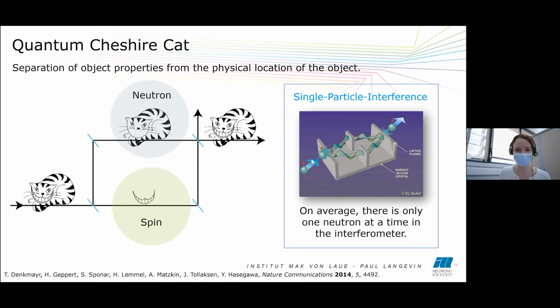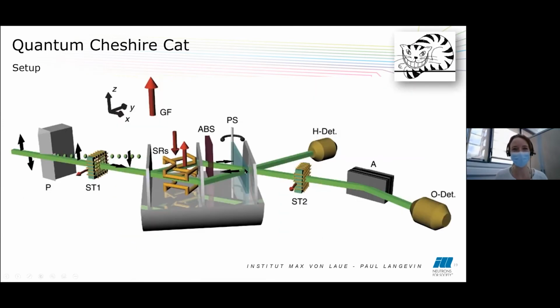To detect the quantum Cheshire Cat for neutrons, an experiment was designed to get a neutron to travel along a different path from its spin, to say it in simple words. The design of this experiment is shown here, and it seems very complex, but it also shows many components that can be used to design interferometry experiments.